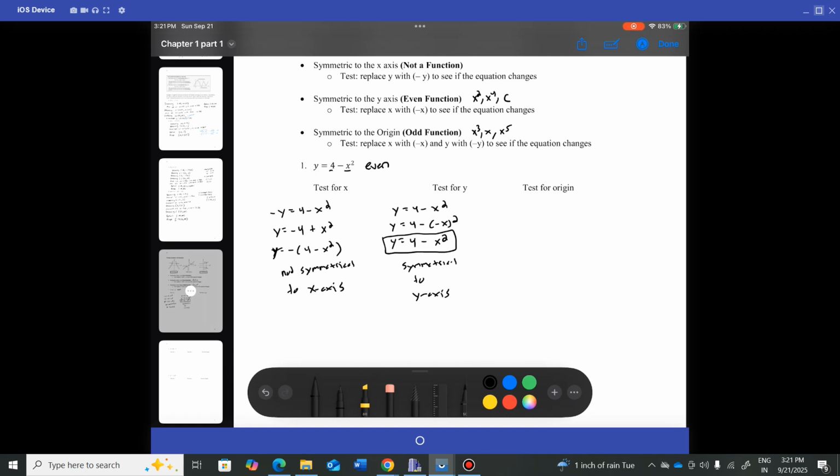And you can graph it if you want, and you can see it. Then we can look at the origin. We replace y with negative y and x with negative x. And so we get something more like the first one, where you just don't get the same function back. So not symmetrical to the origin.